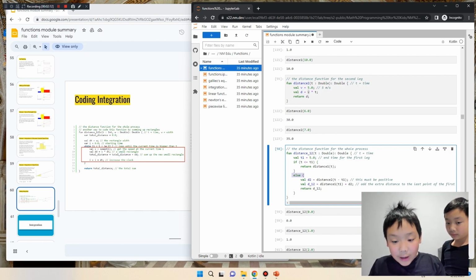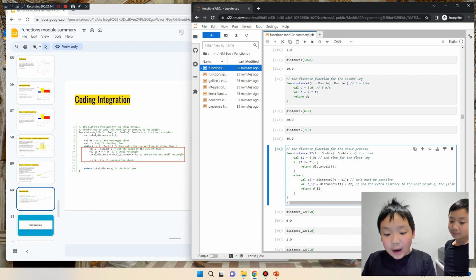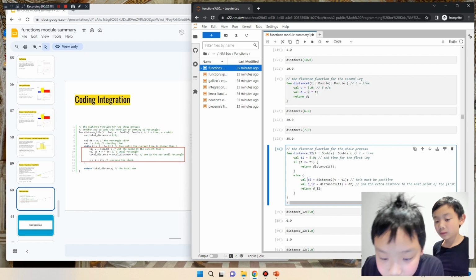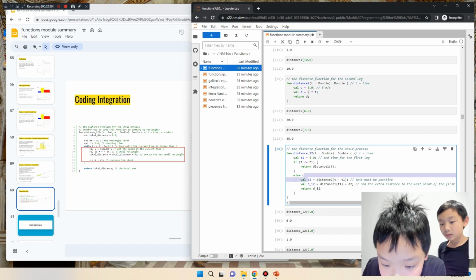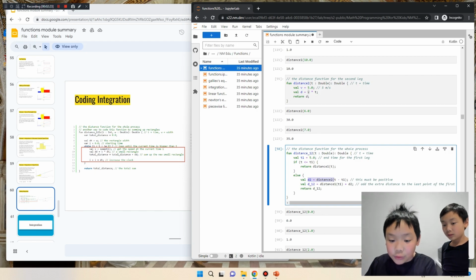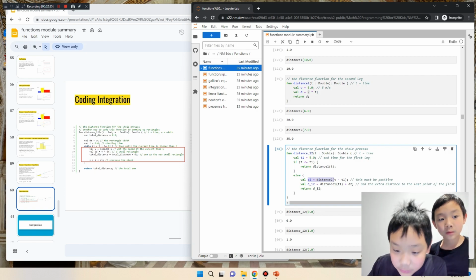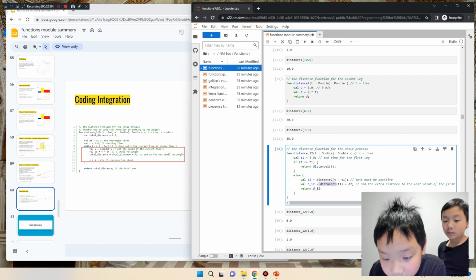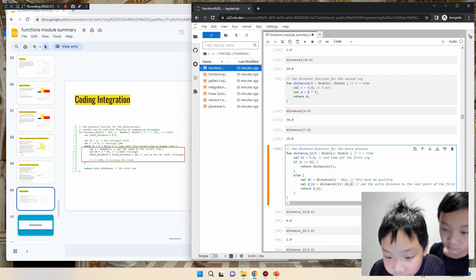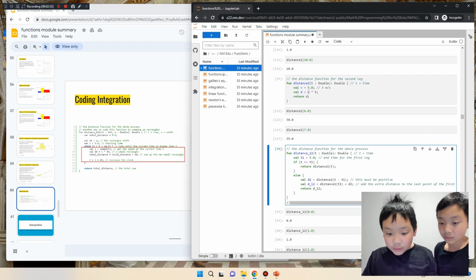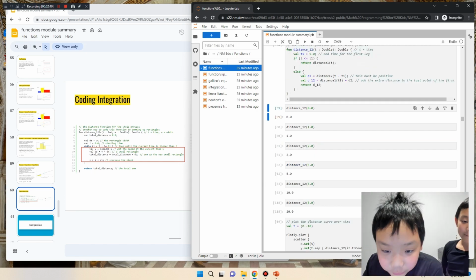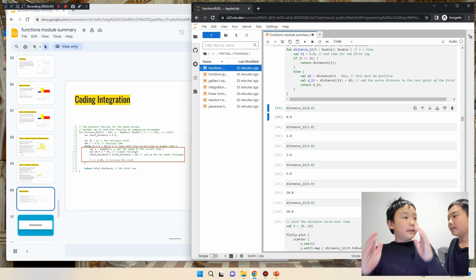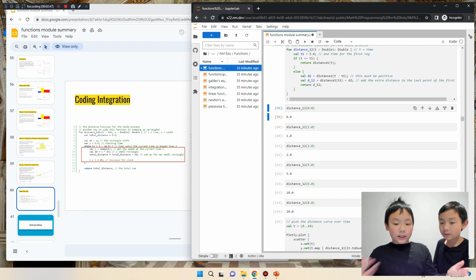But if the time is above 5, then you use the distance2 function. This d2 line basically means that d2 is the distance2 function, which is t minus t1. So here we're just adding the distance1 function plus the distance2 function, which will give us d12. So this function basically just adds the distance1 function to the distance2 function.